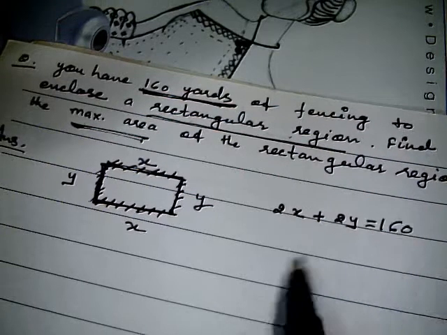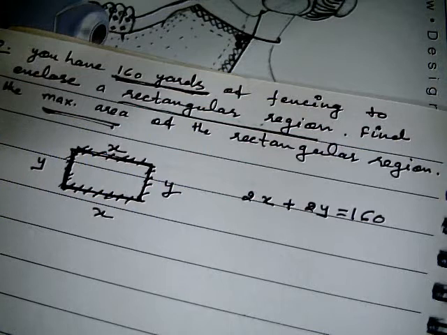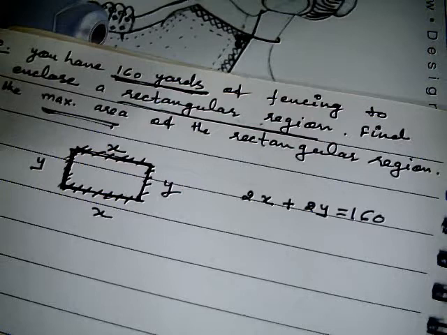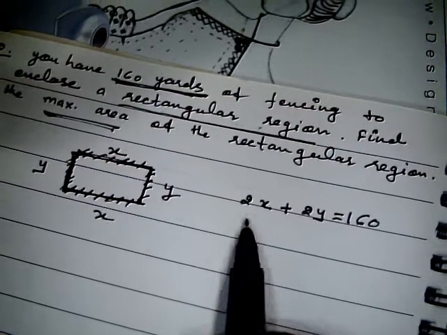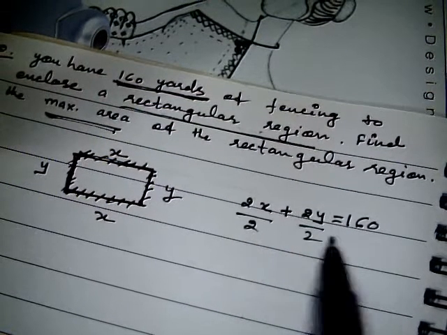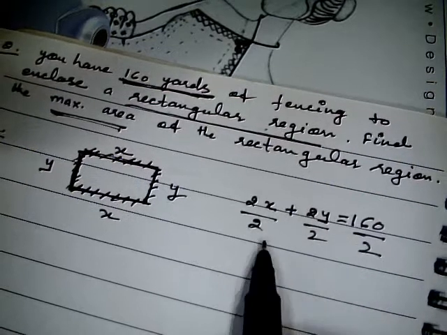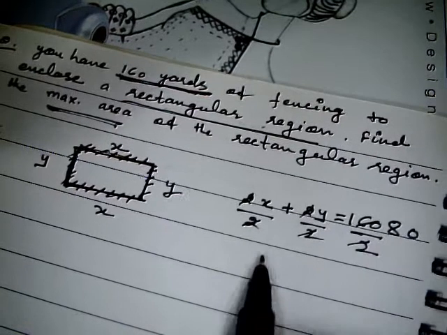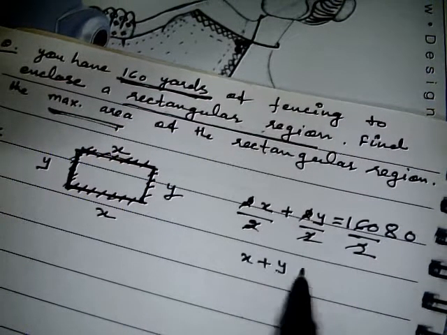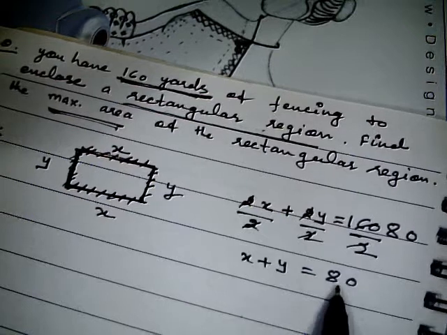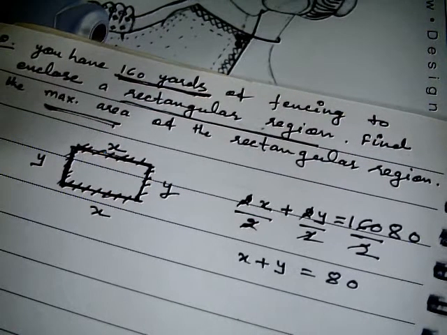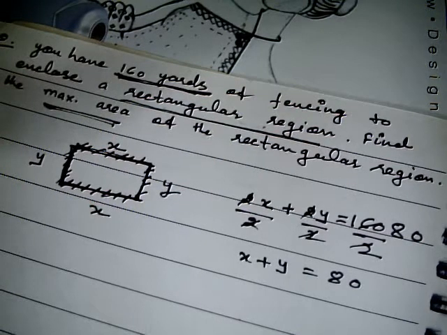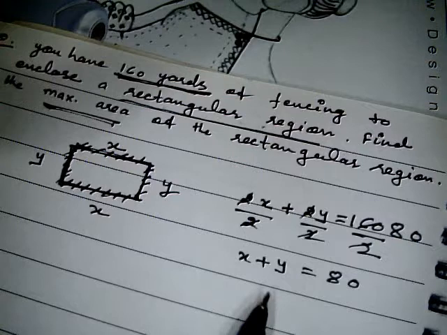Now this whole thing is divisible by 2, so we divide each part by 2, so x plus y equals 80. This is the first relation we have received, x plus y equals 80, and further we can't solve anything here, so we will leave it.